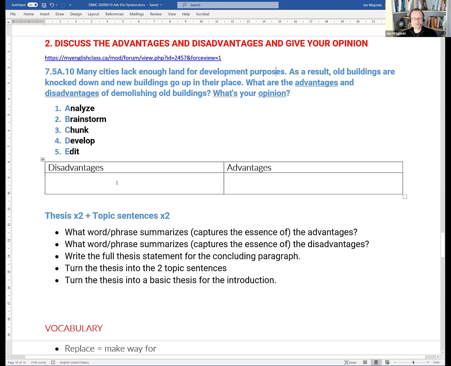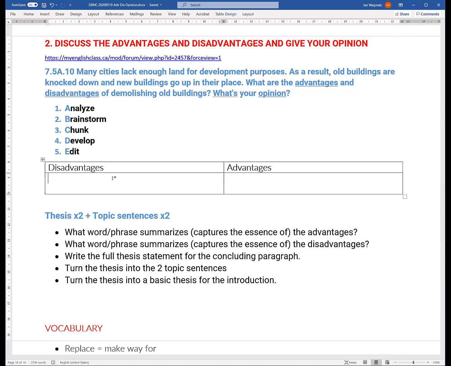Okay, so what are the disadvantages of knocking down old buildings? Just call them out. It could be a dangerous process. Okay, what else?